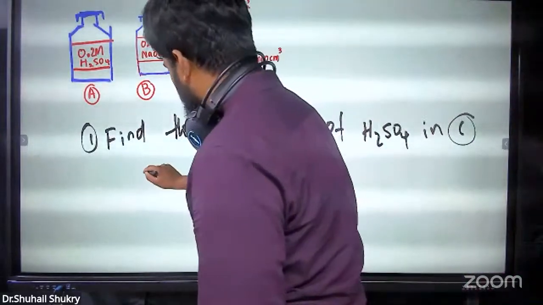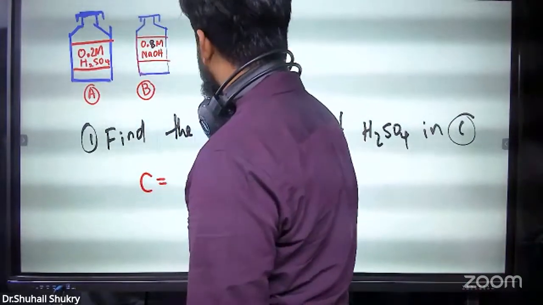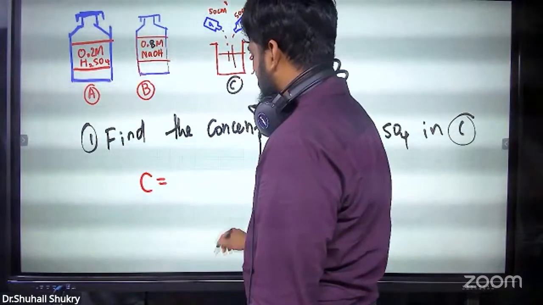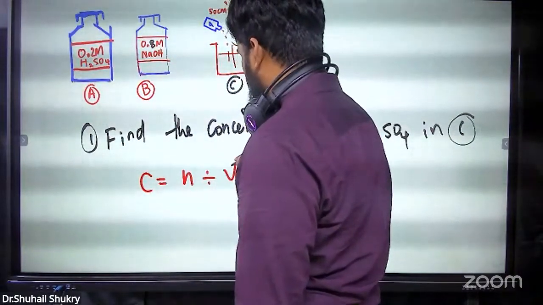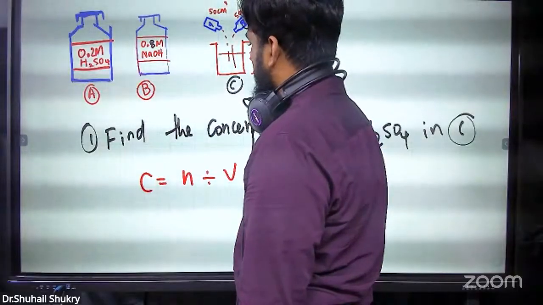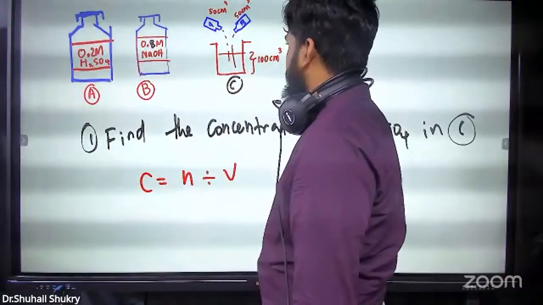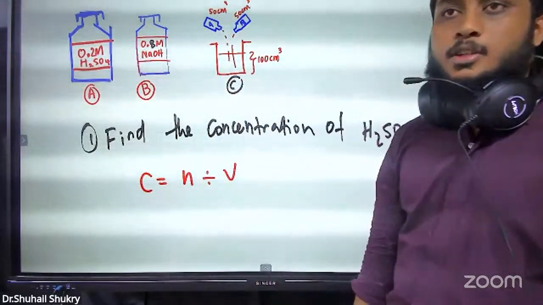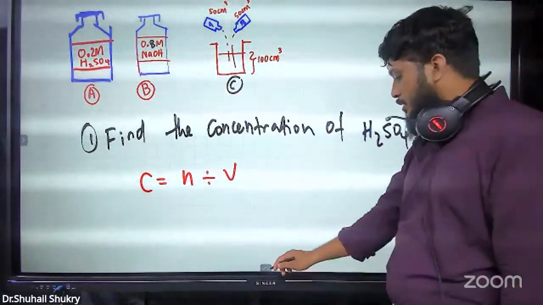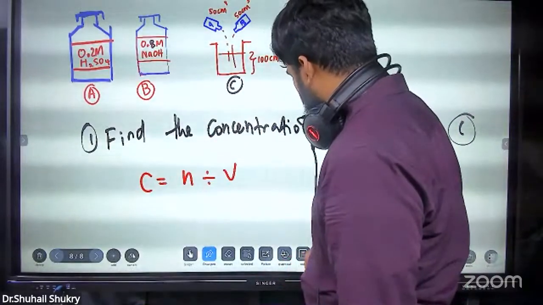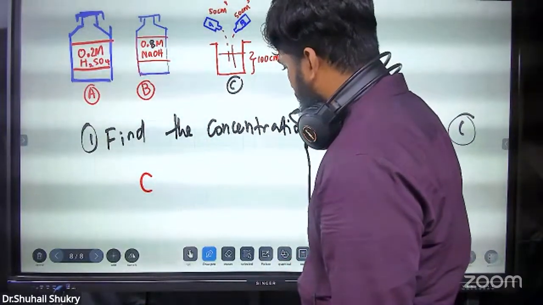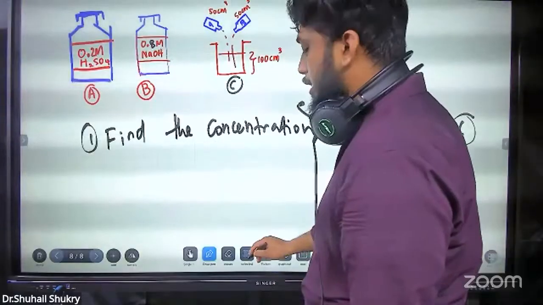What is concentration? Concentration is equal to number of moles divided by the volume. Then I have to find the number of moles. Carefully observe. I will do it in two ways: one is the shortest way, one is the longest way.